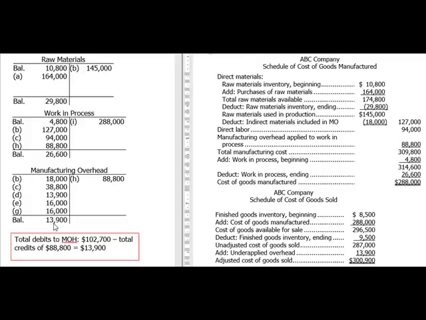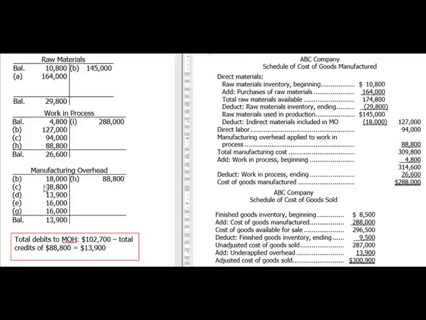That means we applied too little overhead to jobs. I know that because the total of these debits, the total actual manufacturing overhead costs, that total is $102,700. Yet we only applied $88,800 to our job cost sheets. So we underapplied by $13,900.